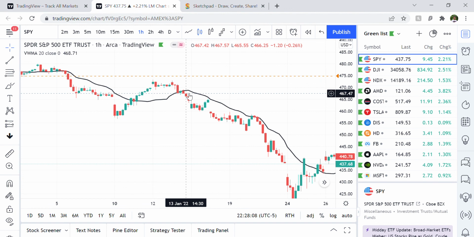Now since we are talking about puts, if the price of the stock has gone below VWMA, whenever the candle closes, this is very important, you just can't enter as soon as the price went and you enter, don't do that. Let the 1 hour candle close.